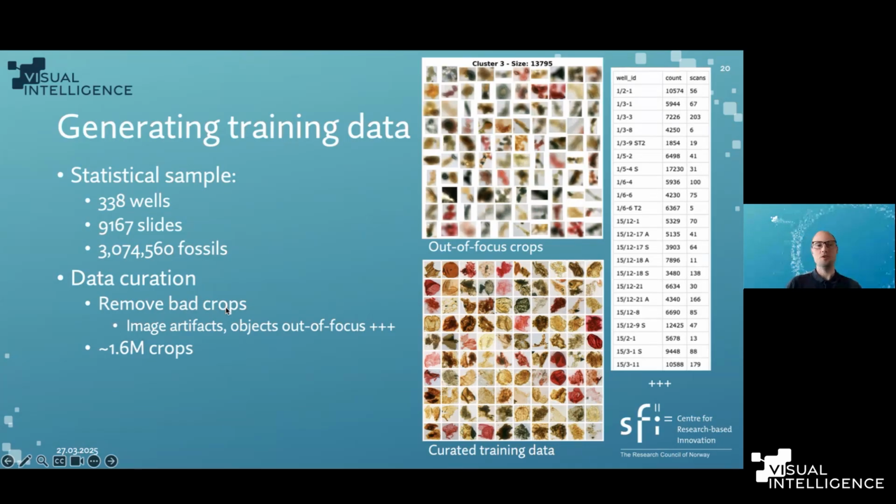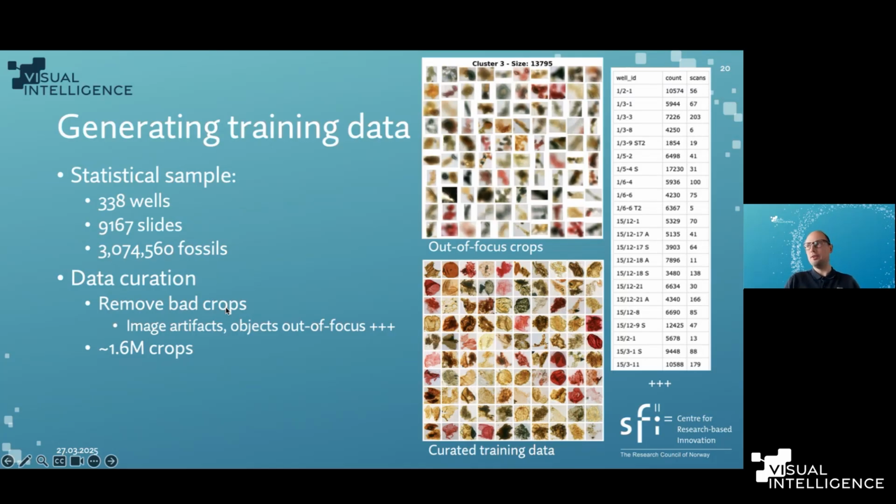And the generated data set contains crops of very varying quality, lots of image artifacts, objects out of focus, blurry crops, stuff like that. So we also have an additional data curation step, where we use a pre-trained vision transformer.